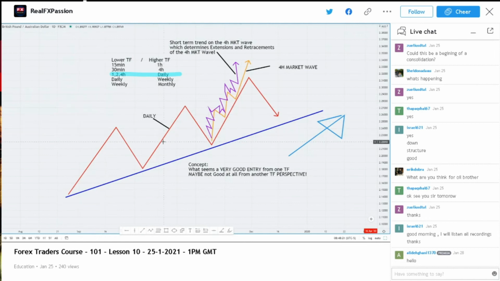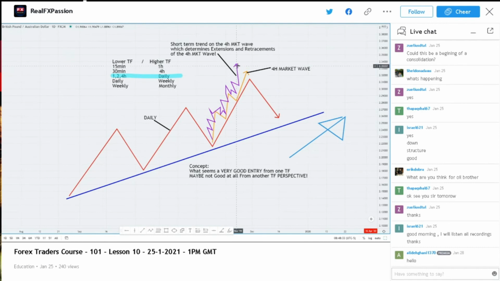So the red is the daily, the orange is the 4-hour market wave. And when the daily was pushing down, the 4-hour market wave was pushing down too. See?